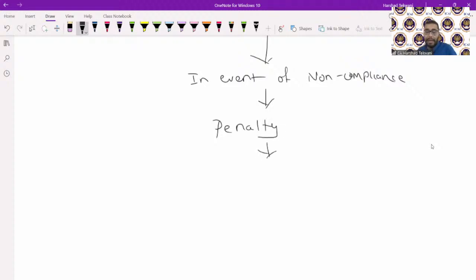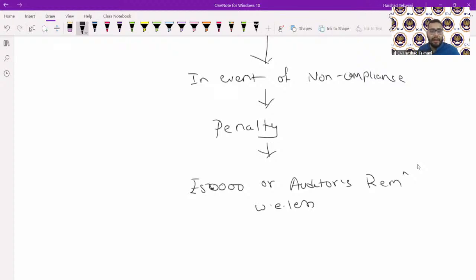And how much is the penalty? It is 50,000 rupees or an amount equal to the auditor's remuneration, whichever is less.